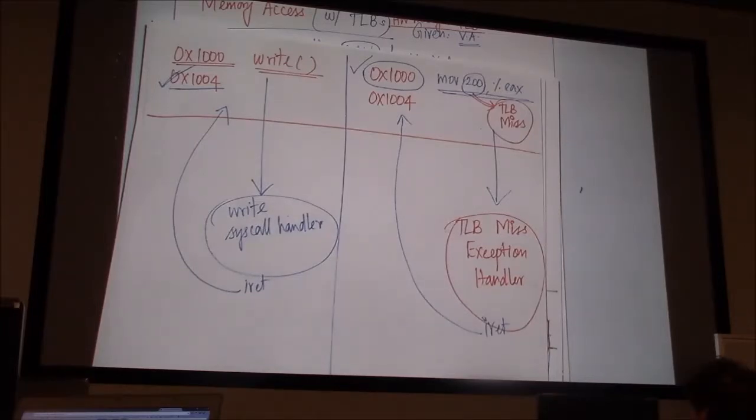Aren't you just going to kill the program? Exactly. We are not going to return to any instruction, either the current or the next instruction. The operating system is just going to kill the particular program, because if it's a protection fault, then the operating system has no way to continue that particular program after that.